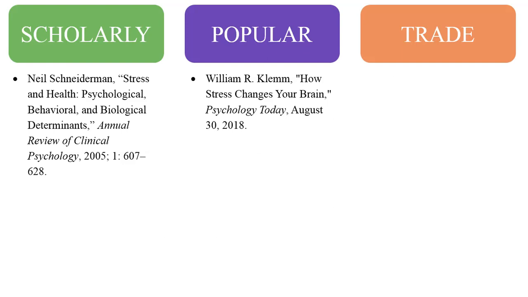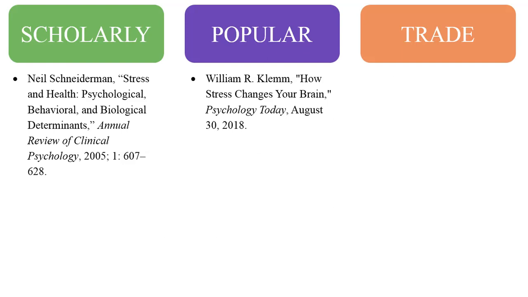A popular version of a stress article could be William R. Clem, How Stress Changes Your Brain, Psychology Today, published August 30th, 2018. Both articles deal with stress, one written by a professor that focuses in on psychological, behavioral, and biological determinants, published in a peer-reviewed journal.